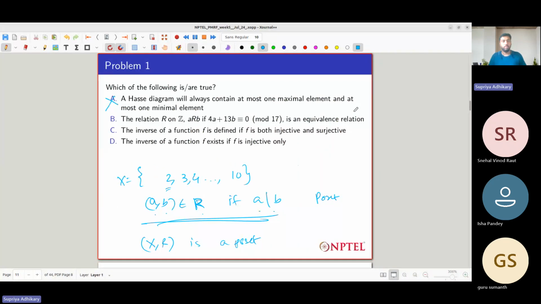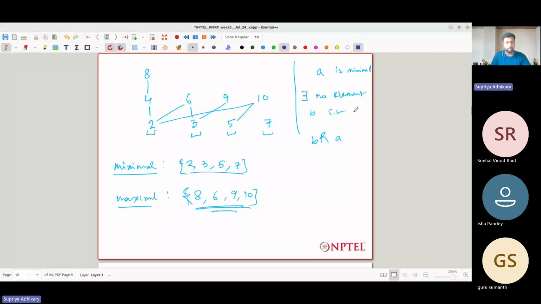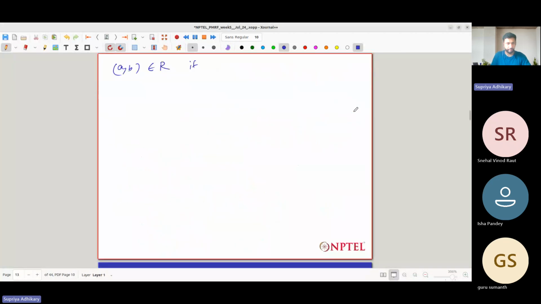So what about this? We are given a relation on Z saying that A and B are related if 4A plus 13B is congruent to 0 mod 17. So this (A, B) is in the relation if 4A plus 13B is congruent to 0 mod 17.